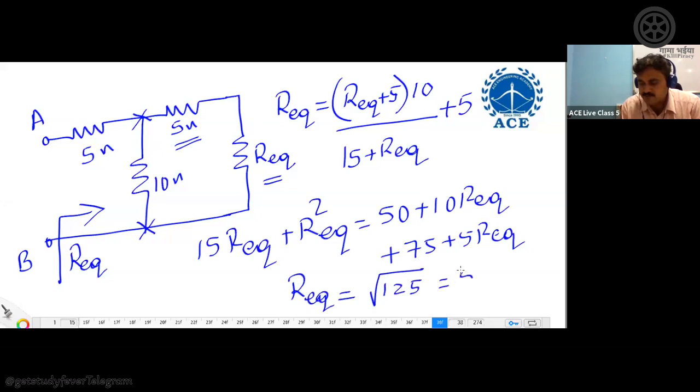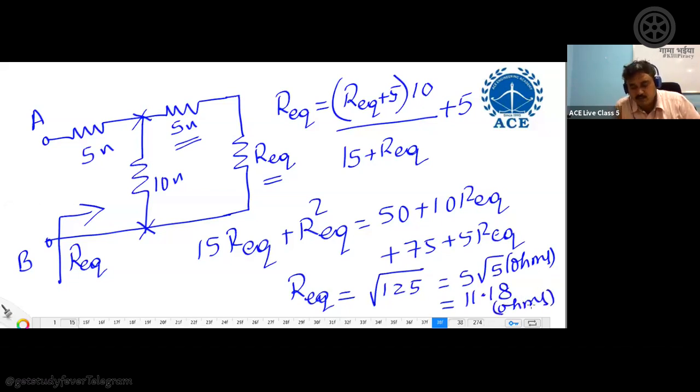So you can write it as 5 root 5 ohms. That's all. If you want to write the correct value, 5 into root 5 becomes 11.18 ohms. That's all. This will be your final answer.